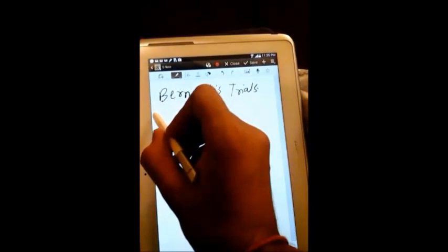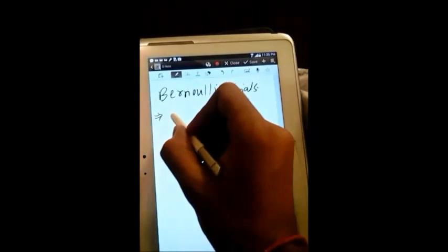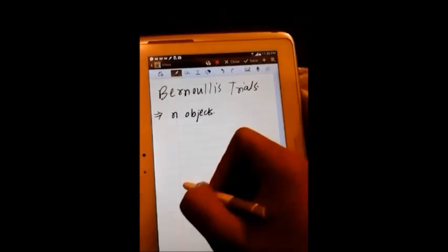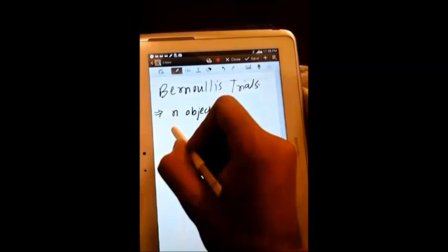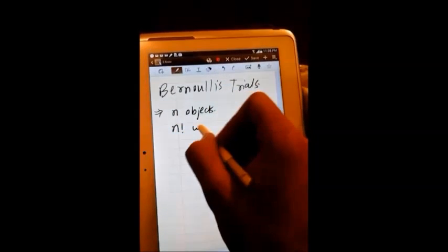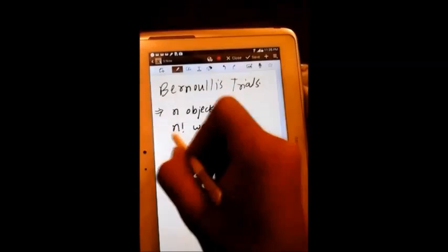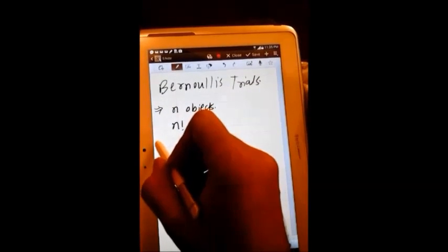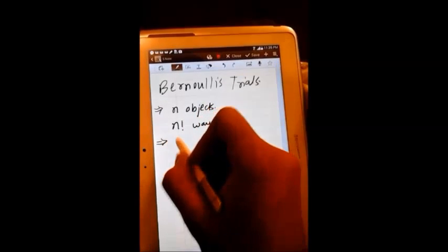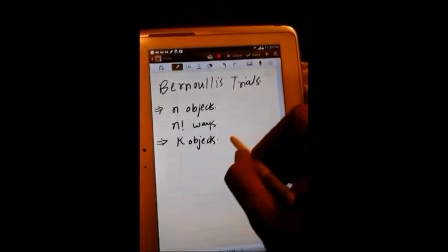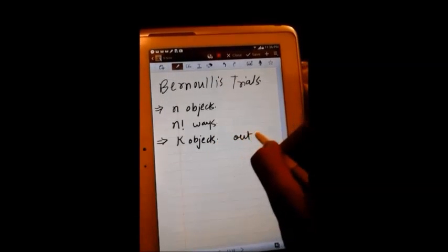First of all, suppose there are n objects. These n objects can be arranged in n factorial ways, which we already know. Now suppose we have k objects which are to be selected out of n objects.